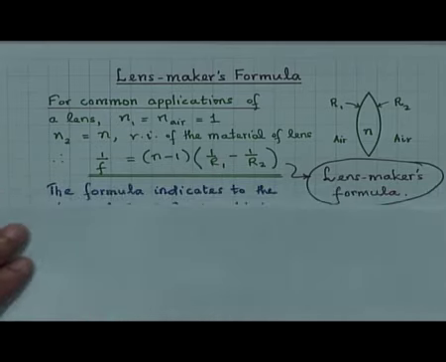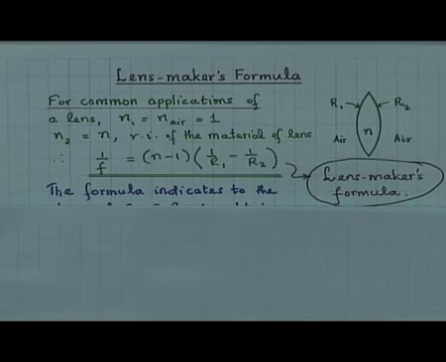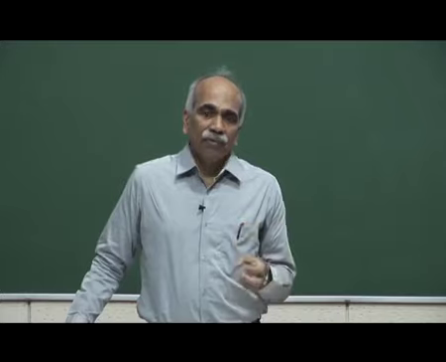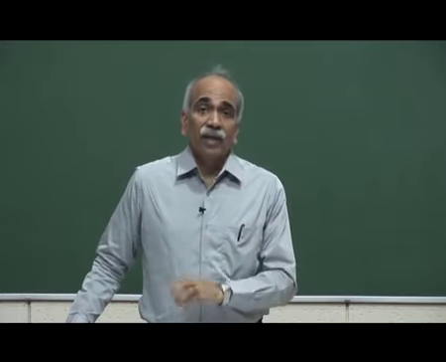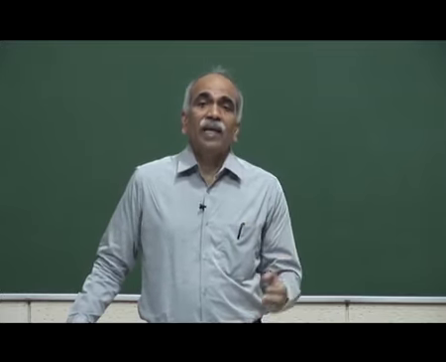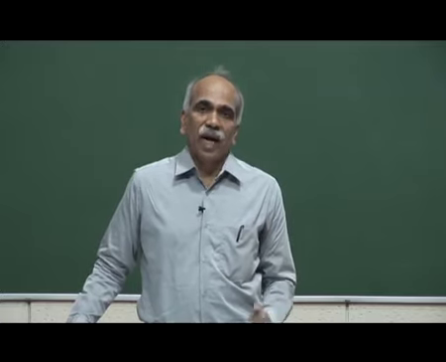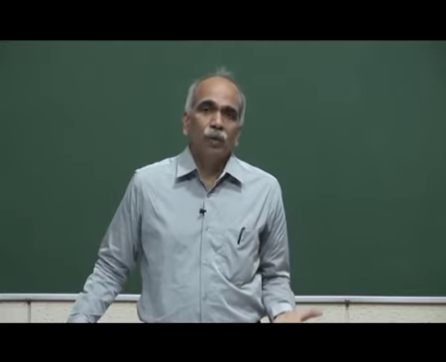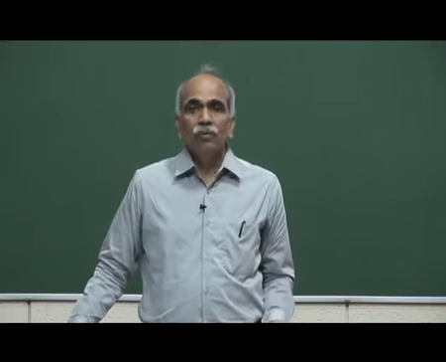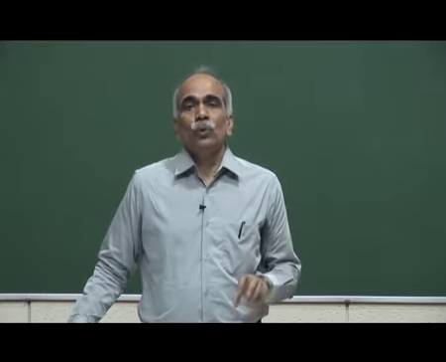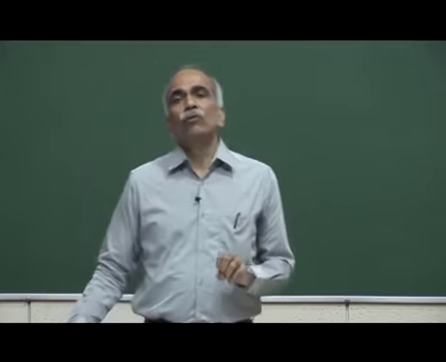This is called the lens maker's formula, because when one makes a lens for a particular application, to obtain a required focal length f, the lens maker can choose a material and the required values of the radii of curvature r1 and r2. R1 may be equal to r2 or may not be, but the lens maker can choose the radii of curvature to achieve the required focal length.